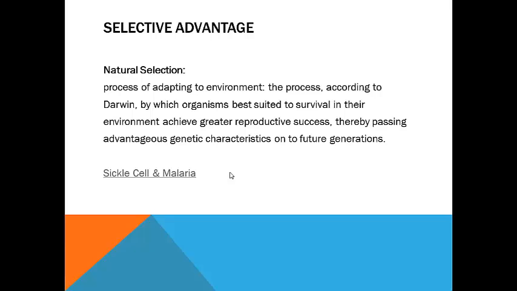With regard to selective advantage, we're going to watch this clip on how the sickle cell anemia gene would be considered a disadvantage in most minds, but it has become part of selective advantage with regard to malaria.